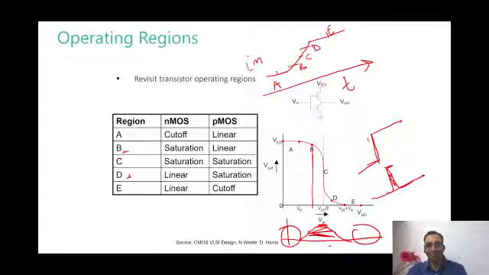The y-axis remains the same, but the time axis decreases. If you have good rise time and fall time, you can reduce the overall charge consumed in this transition because you have reduced the pulse width of this current curve.